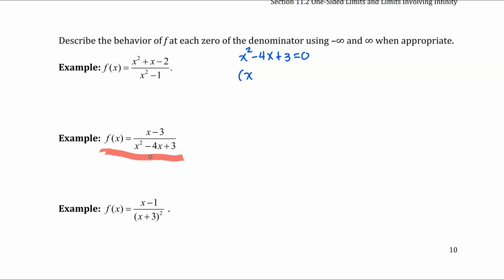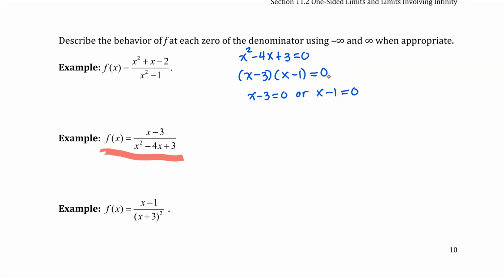So you have x minus 3 times x minus 1. Equate this to 0. Now, you equate each factor to 0 because the product is 0. That means that each factor might be 0. So x minus 3 might be 0, or x minus 1 is equal to 0.